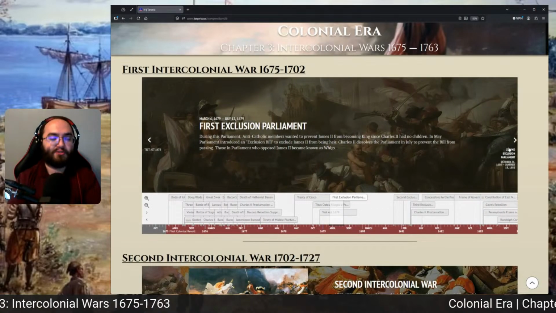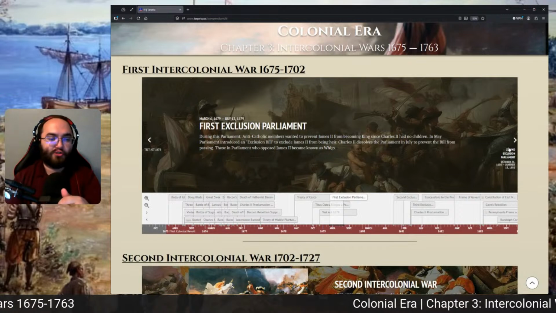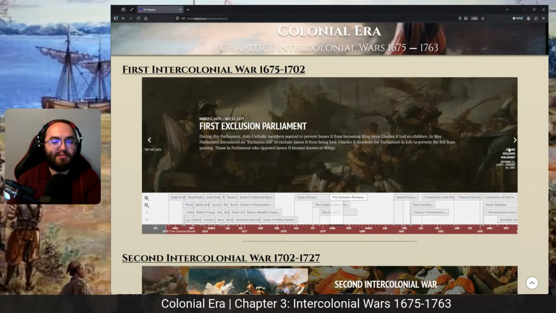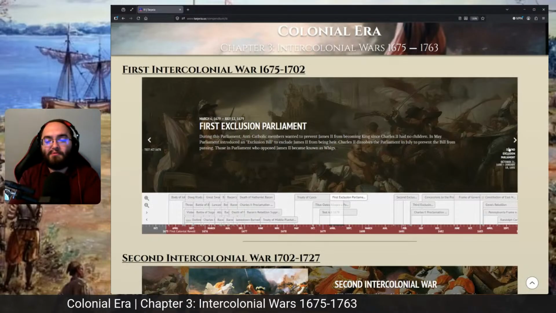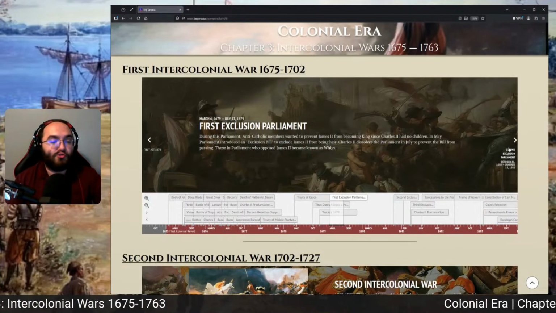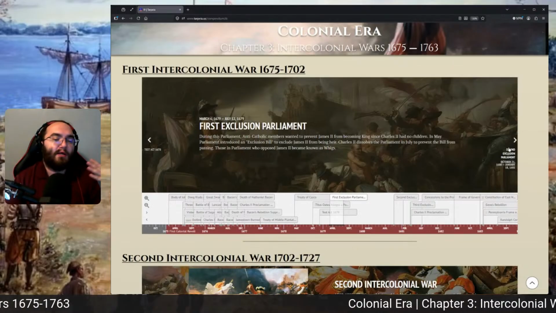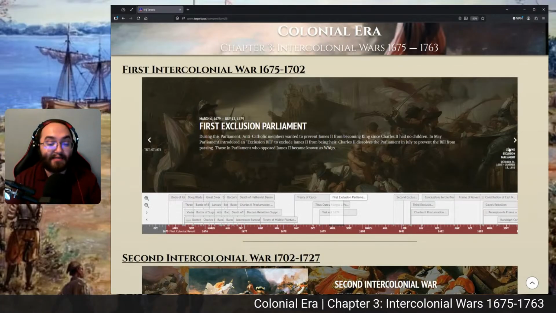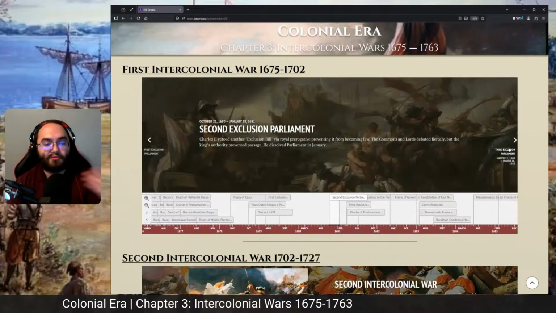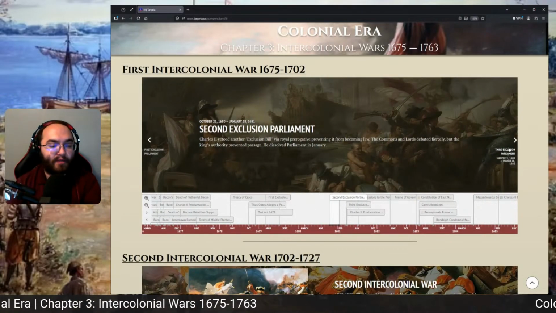And we have the first exclusion parliament, where anti-Catholic sentiments are very popular in Parliament, and they want to exclude, that's why it's called exclusion, James II from being heir to Charles II, since Charles II had no children.